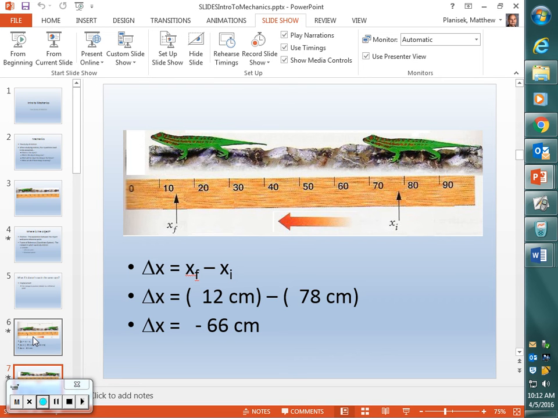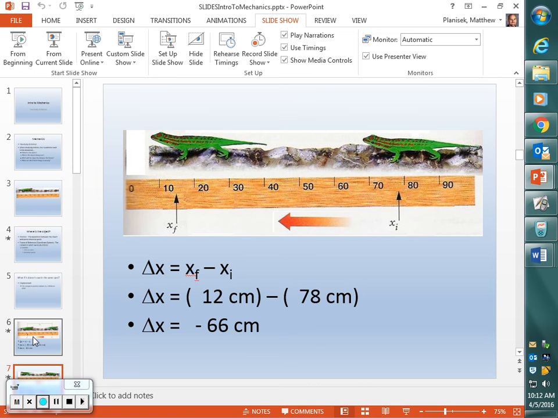Displacement not only has to tell us how far we went, but it also has to tell us which way we went. And that means that displacement is an example of what we call a vector quantity. If it tells us how far and which way, it's a vector quantity.